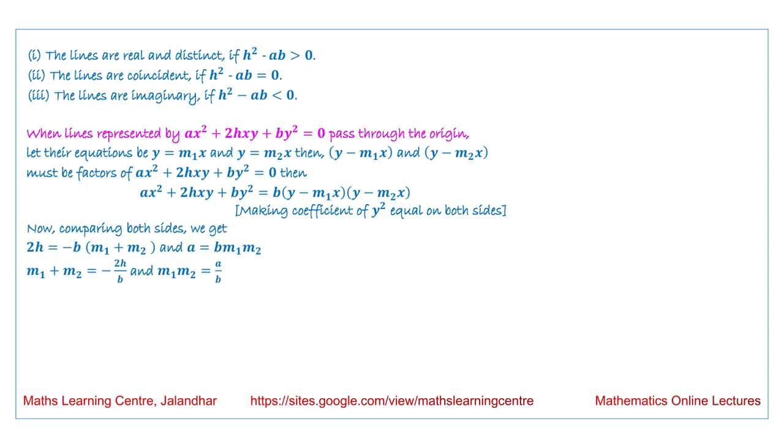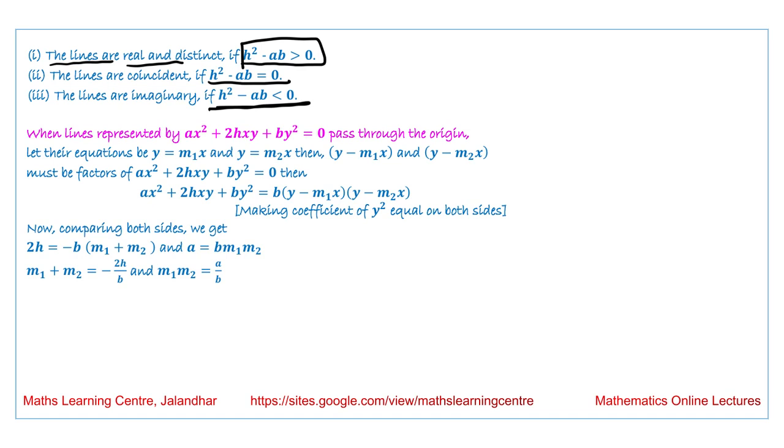From these two equations we can clearly see that the lines are real and distinct if h square minus ab is greater than 0, the lines are coincident if h square minus ab is equal to 0, and the lines are imaginary if h square minus ab is less than 0. These are the three conditions we have.